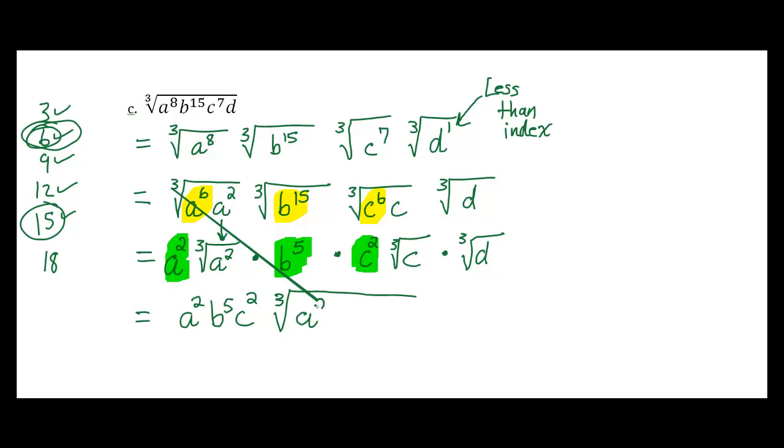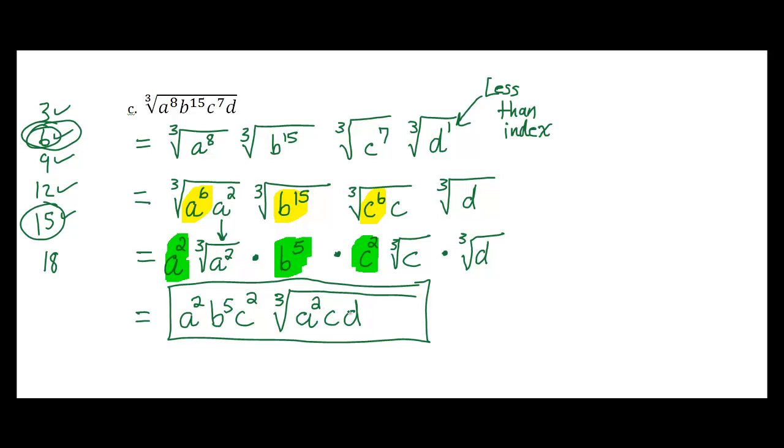So I get a squared times c times d. And this is most simplified. Notice that all of my exponents under my radical are less than my index 3.